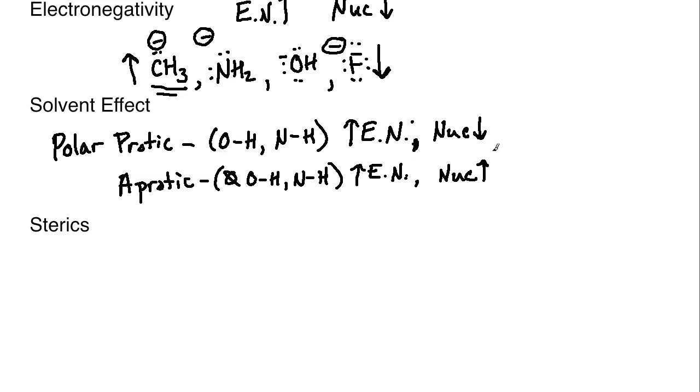So what's going on here is in a polar protic solvent, let's say that you've got something like a fluorine that's got these electrons. Okay? There is hydrogen bonding that can occur that helps to stabilize this fluorine atom. So when you start stabilizing, you can view this kind of as steric hindrance, right?